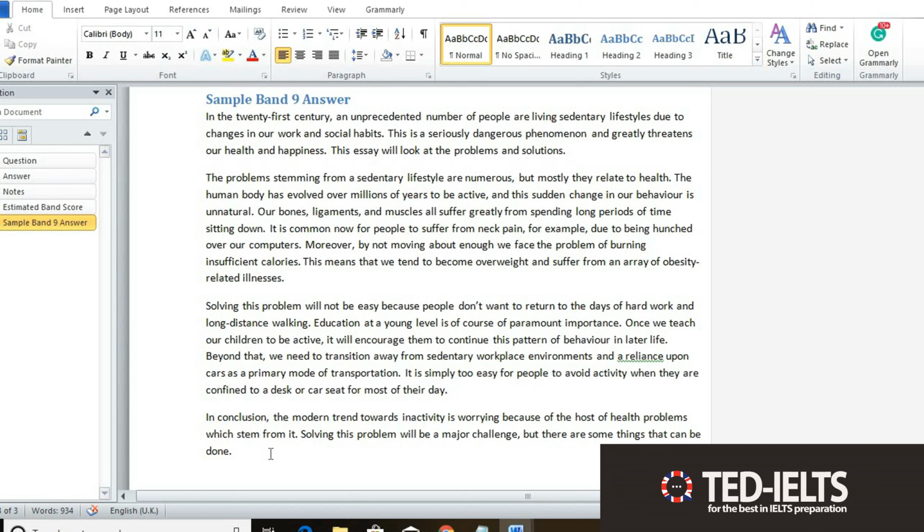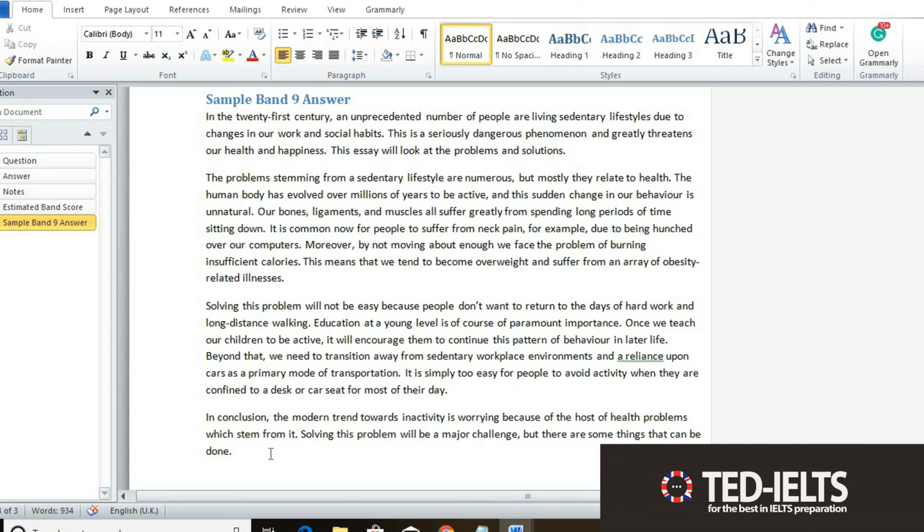For my conclusion then, I restate my first idea, which is the modern trend towards inactivity is worrying because it causes health problems. Those health problems, I don't need to go back and repeat these. And then I mention the solutions. Solving this problem will be a major challenge, but there are some things that can be done.